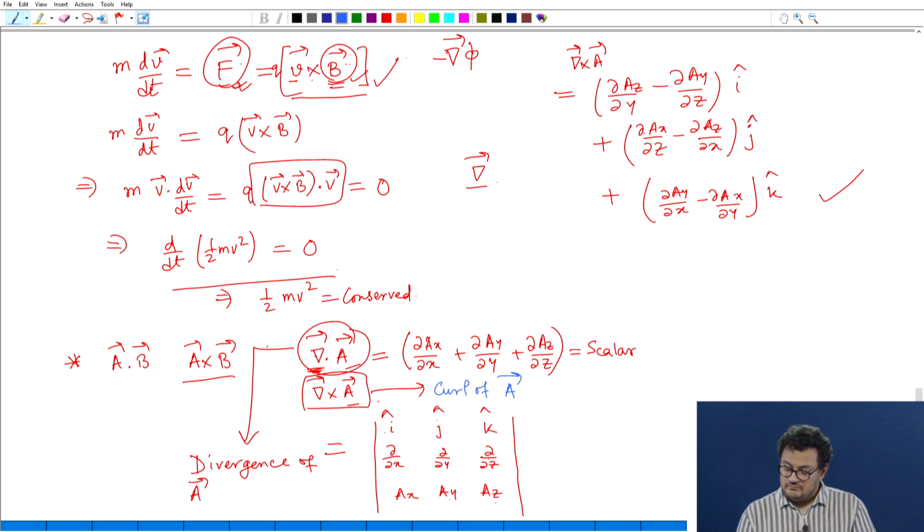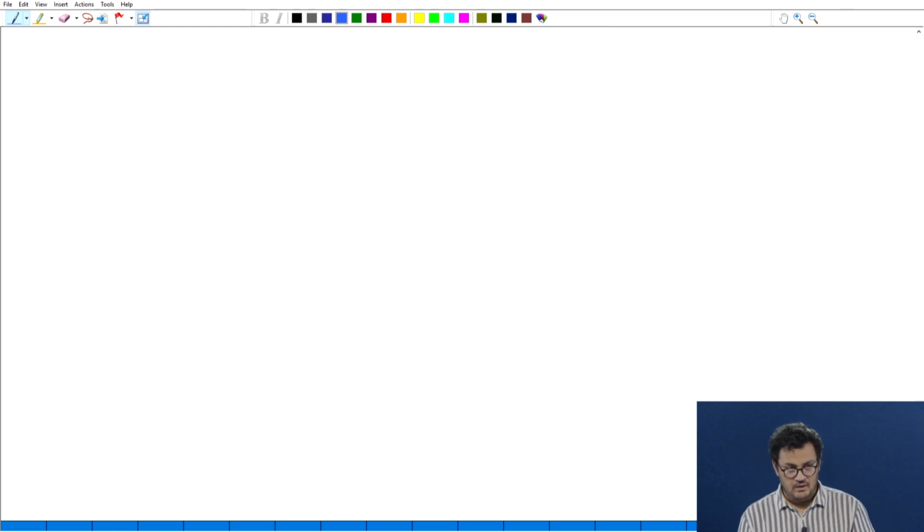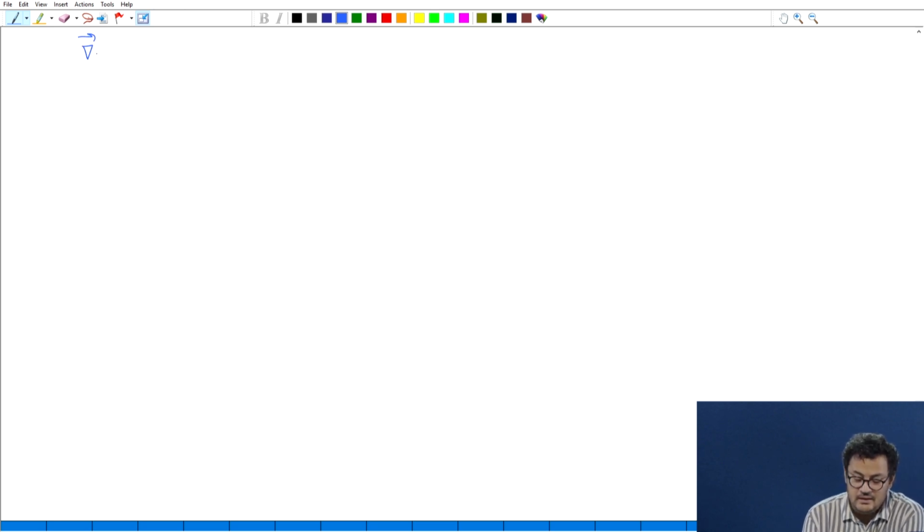Now, I will do some important things. First, let us realize two things. One is the divergence of the R vector. What is this?